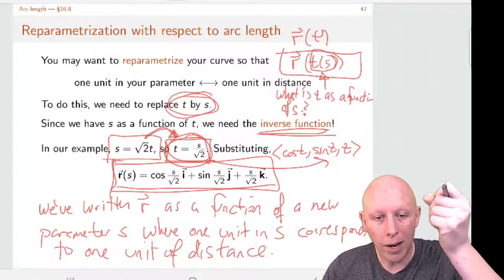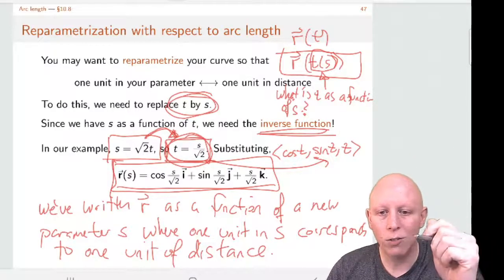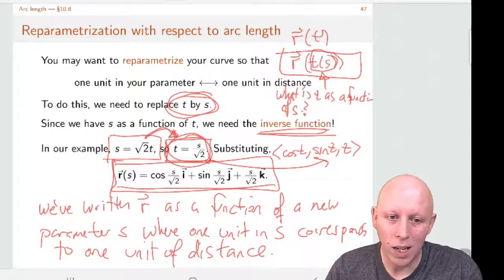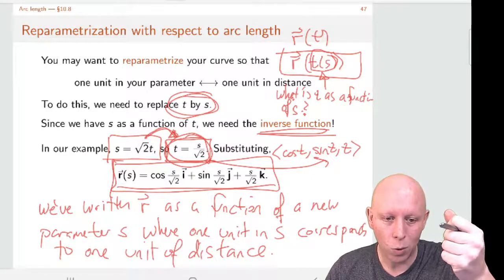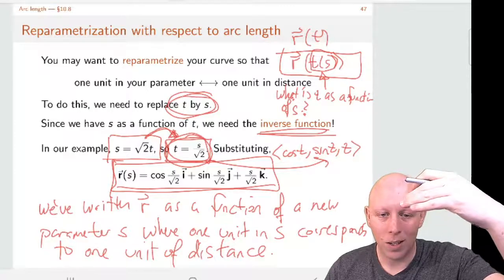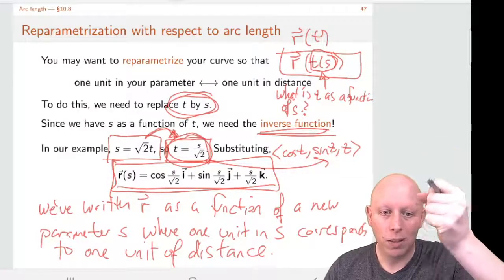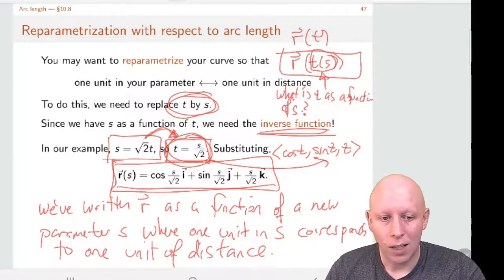So if we're putting up mile markers along our curve, we would just have to go to parameter s equals 1, put down the post 1. Go to parameter s equals 2, put down the post 2, and go from there.